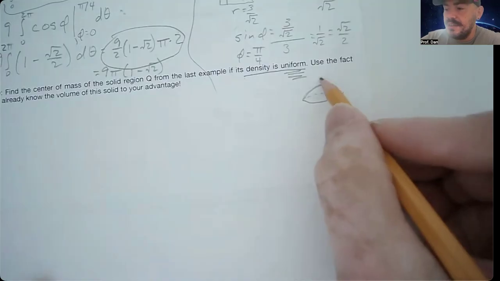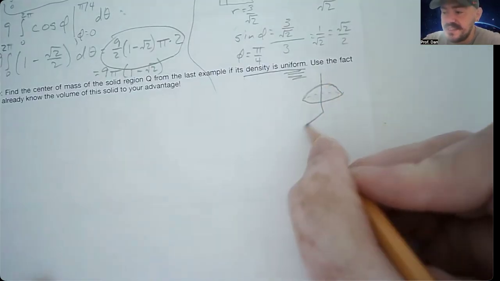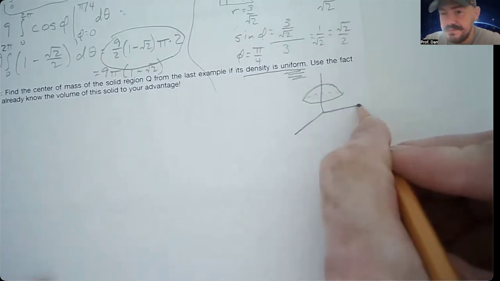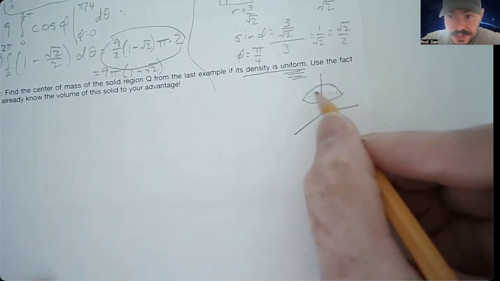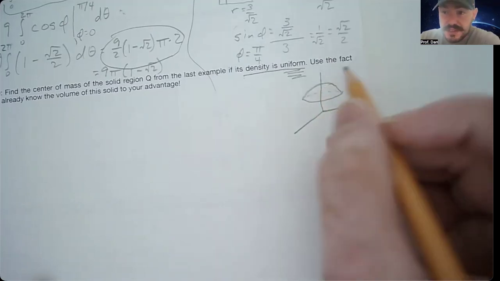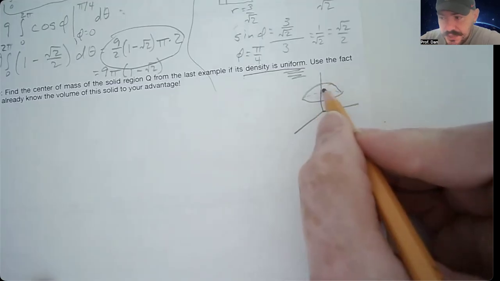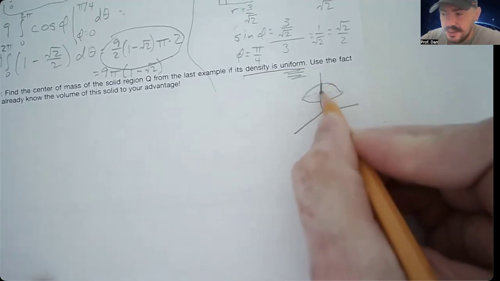All right. I want you to remember that the sphere was centered at the origin. So this whole shape is completely symmetric about the z-axis. Because of that symmetry, we know that the center of mass is going to be somewhere along here, right?